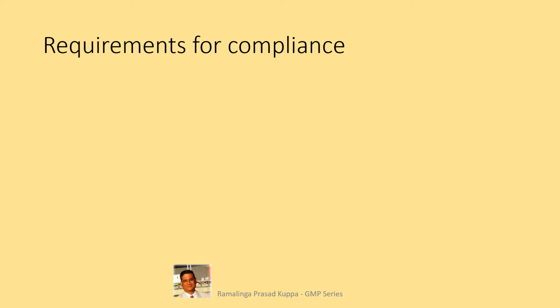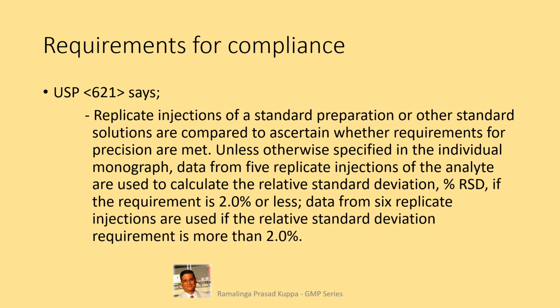Let us see the requirements for compliance. US Pharmacopoeia Chapter 621 says, replicate injections of a standard preparation or other solutions are compared to ascertain whether requirements for precision are met.